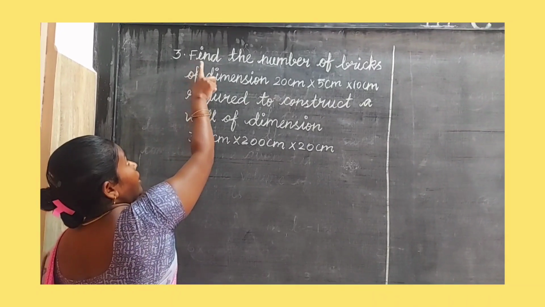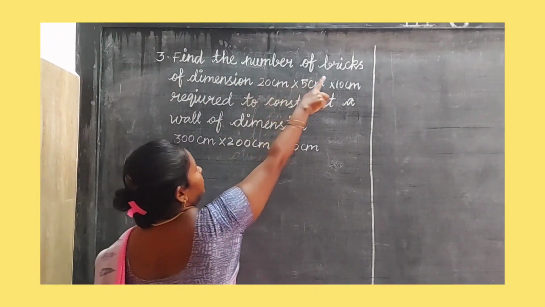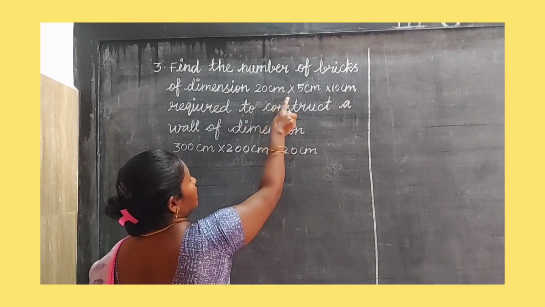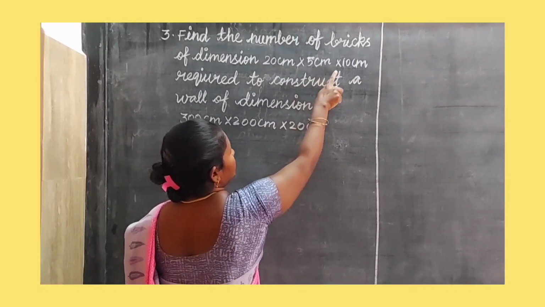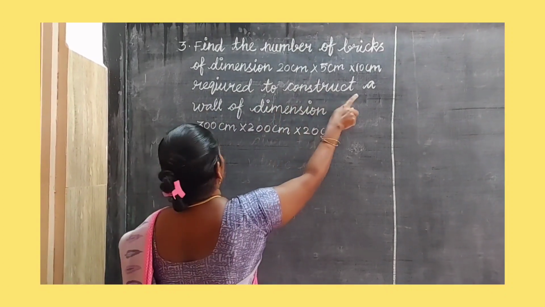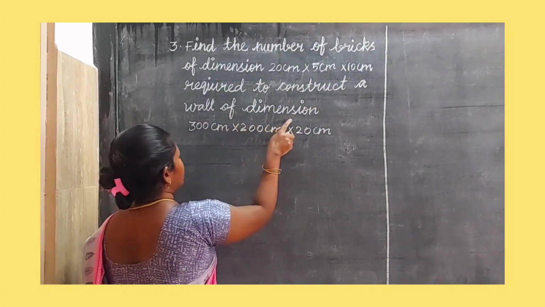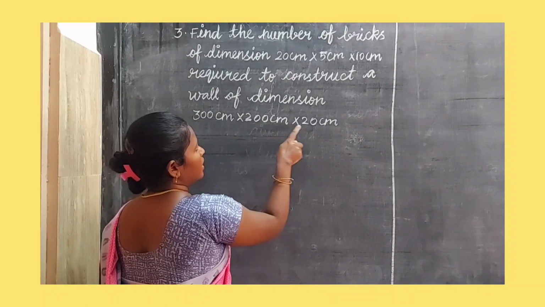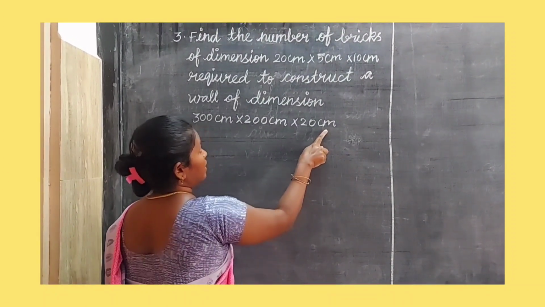Third question: find the number of bricks of dimension 20 centimeter into 5 centimeter into 10 centimeter required to construct a wall of dimension 300 centimeter into 200 centimeter into 20 centimeter.